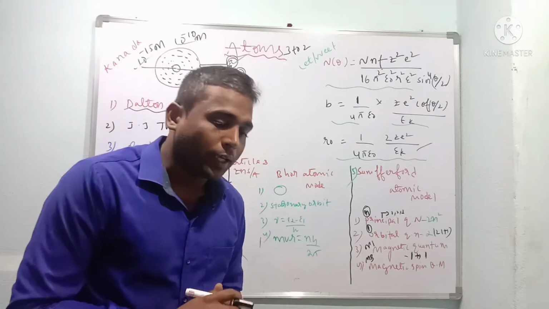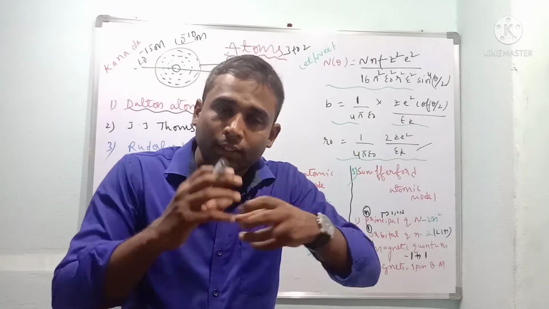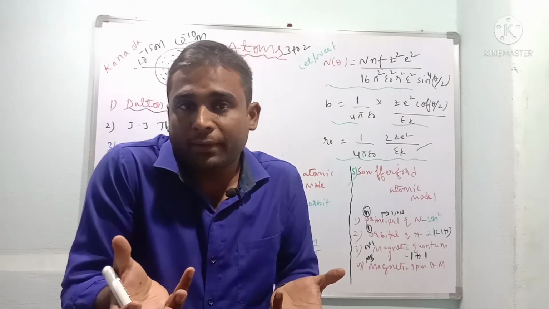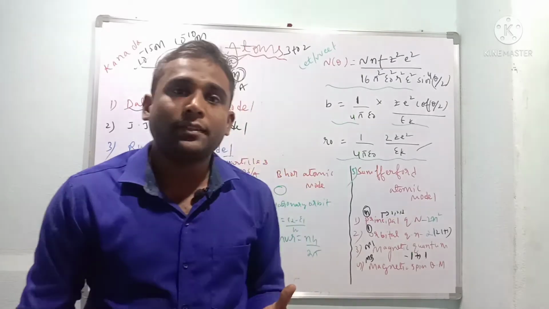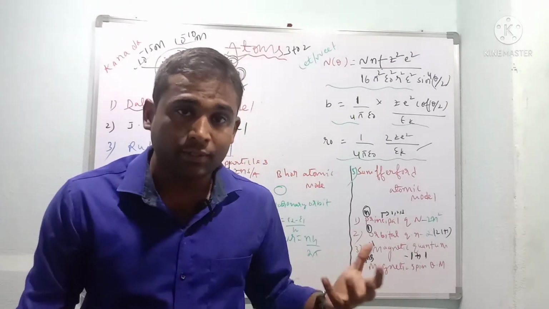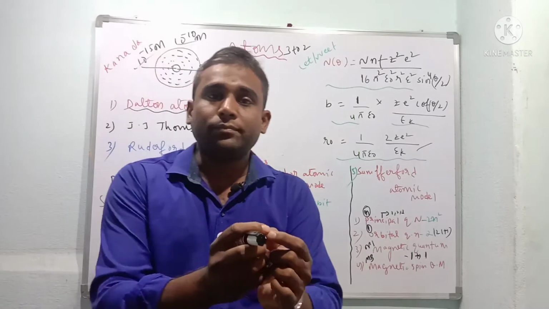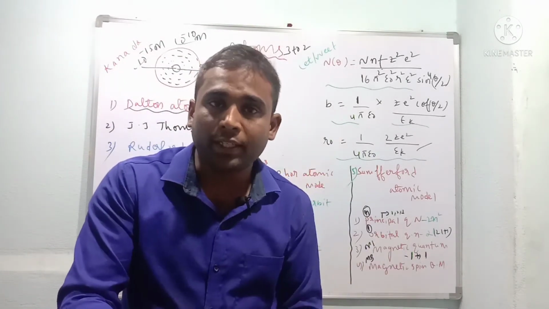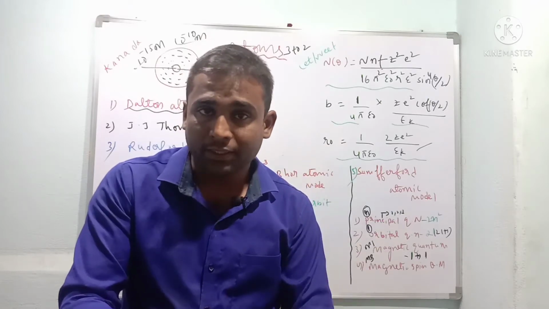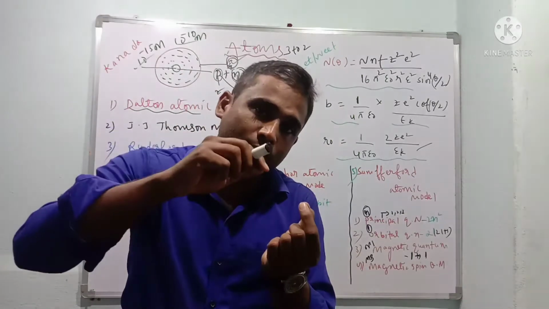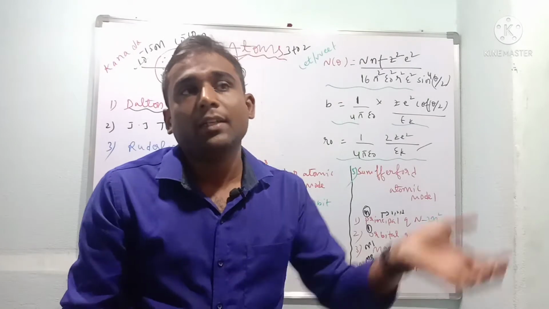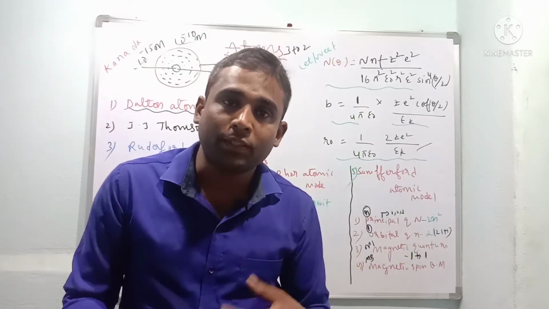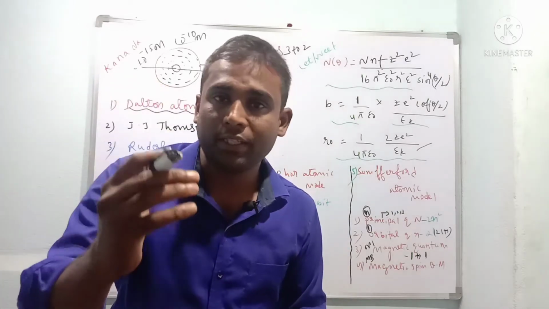According to this model, the properties of the atoms are similar to the properties of elements. What are elements? Like hydrogen, helium, lithium. The physical and chemical properties of the atoms are related to that element. If you take a radioactive element, its atoms will show the physical and chemical properties of that corresponding element.